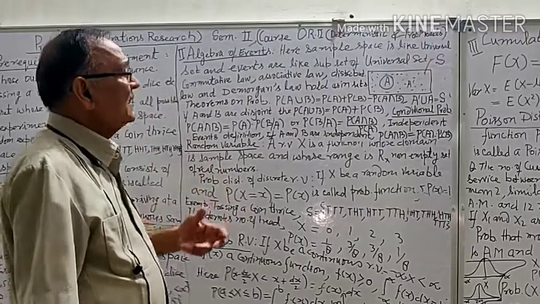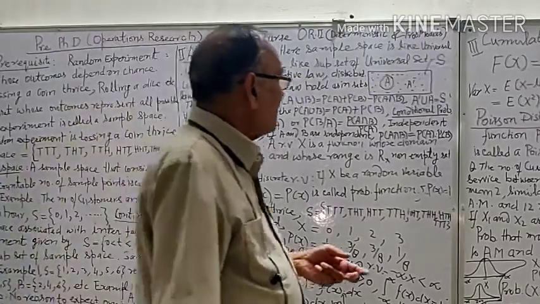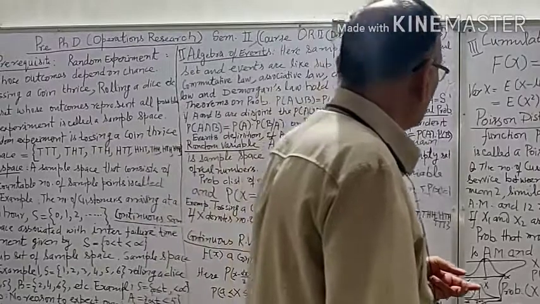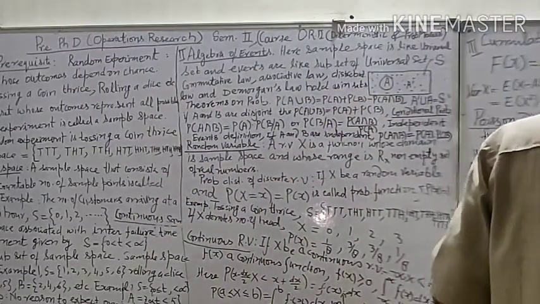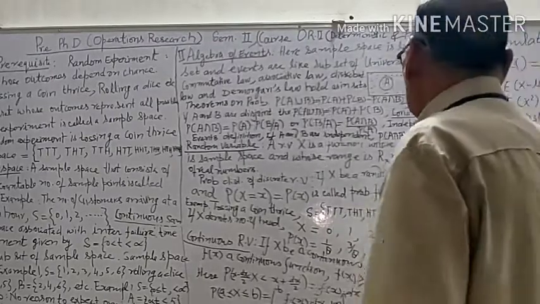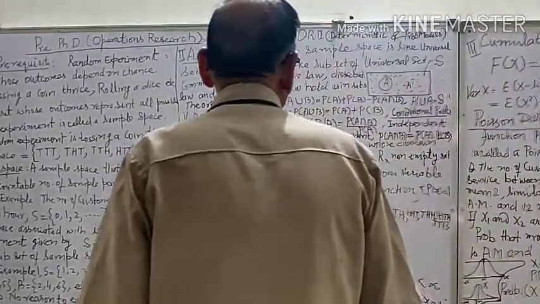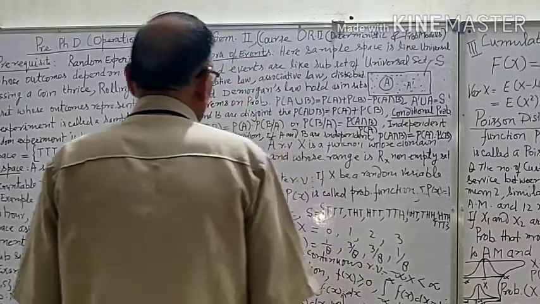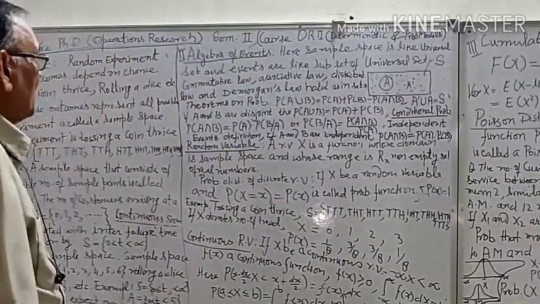And as in set theory A complement union A forms the universal set, it is also here: A complement union A gives you the complete sample space.